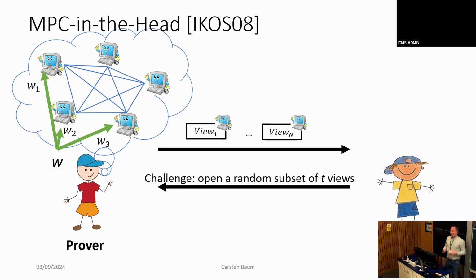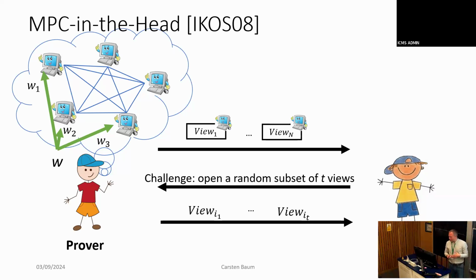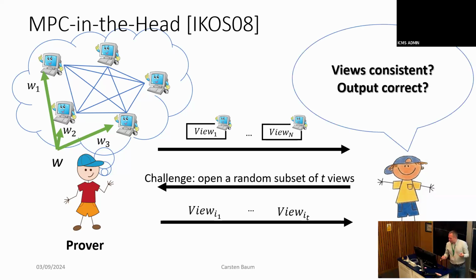And then the verifier is going to say, "Well, open me a subset of these, T of them." Okay. And the prover does that. And what does the verifier do? Well, it checks, did all of these parties behave honestly in the multi-party computation protocol? And are the outputs that they're getting actually saying that the circuit was evaluated correctly?